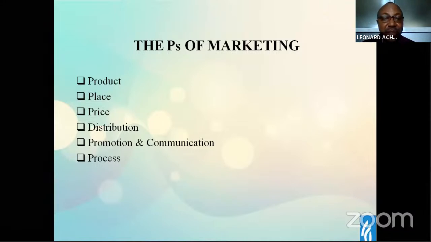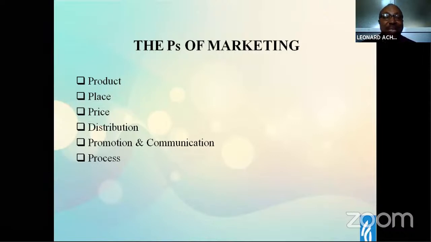Then we have distribution. Distribution is the process or the activity that takes the product from the place of manufacture to the end users. And we have another P called promotion and communication.